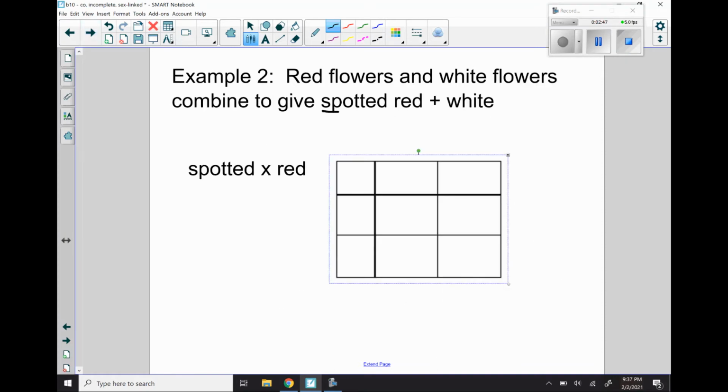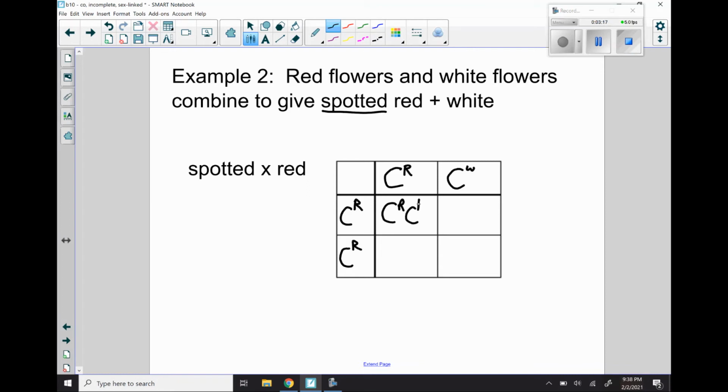In this case, this is spotted. So this is codominance because I can see both of them. The Punnett square is exactly the same. So if you feel like you're getting this, you can jump ahead to the next section. If I have a spotted plant for one of my parents, I have 1 red allele and 1 white. And red for the second parent, red, red.